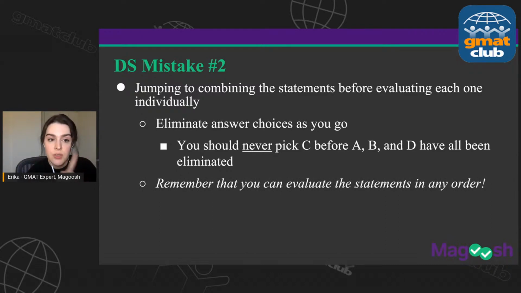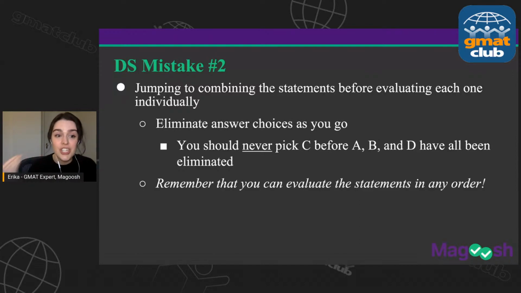Now, another hot tip. You do not have to evaluate first statement 1 and then statement 2 and then put them together. You can start with statement 2. That's okay. If statement 2 is easier, in fact, I recommend it. But just make sure that you are adjusting your process of elimination accordingly. So if you start with statement 2 and it is insufficient, you will rule out B and D. If statement 2 is sufficient on its own, you will rule out A, C, and E. So it's not that hard to be able to start with either statement.